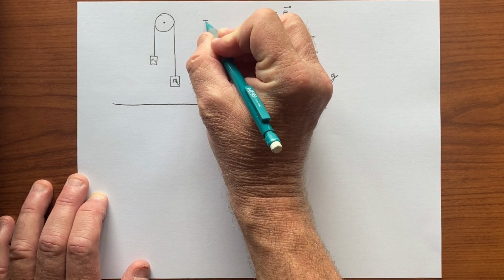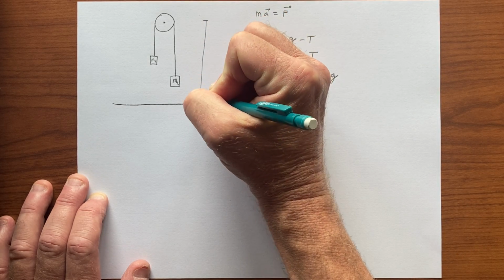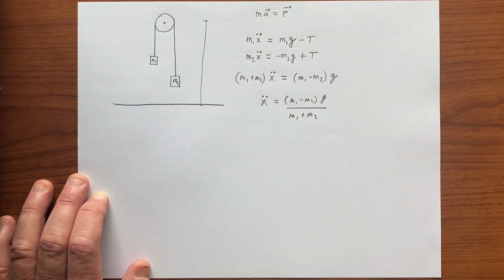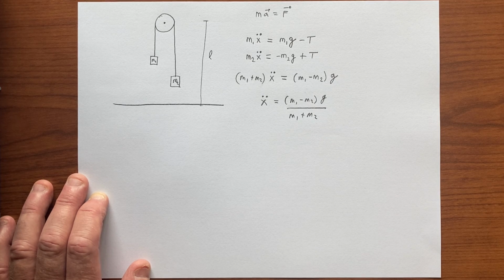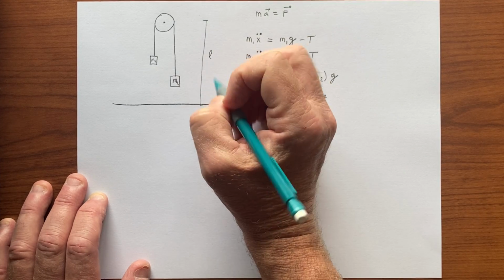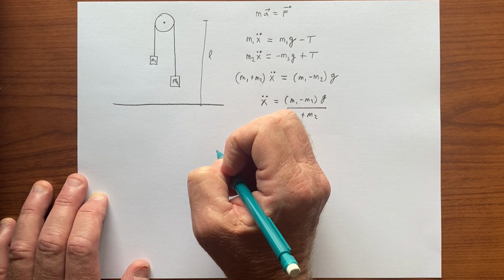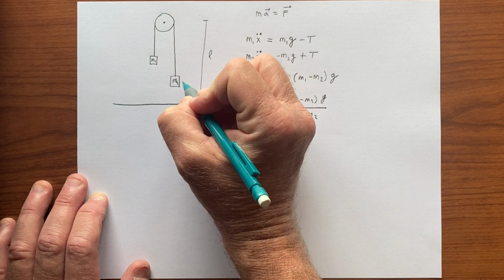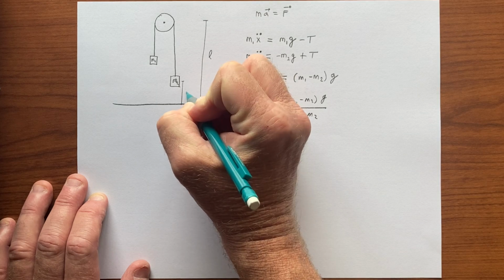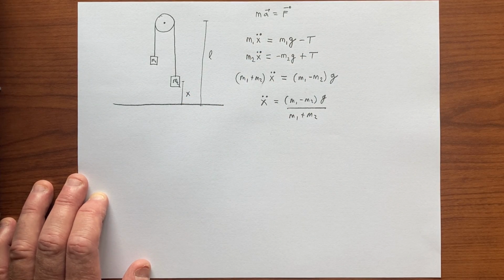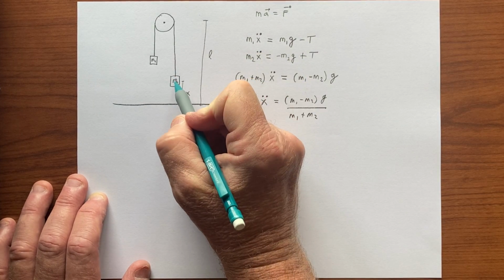So let's say that from here to there is L, and therefore there is some, say, x value from there, from this object to here.